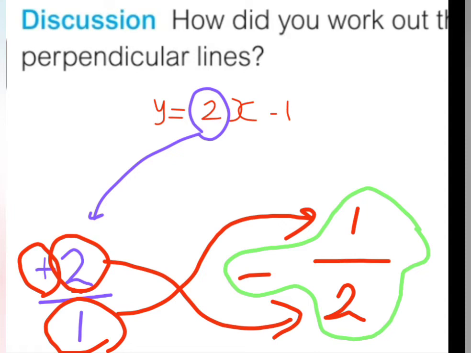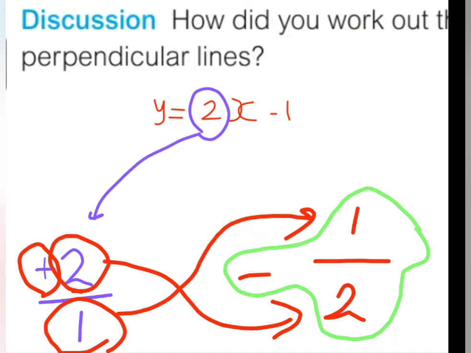So what did I do? Because it's positive, I made it negative. That's the first step I do. And if it's negative, I will make it positive. So the first thing, I make the opposite sign. That's the first step of finding a gradient of a line which is perpendicular to the line in the question. First step, change the sign.